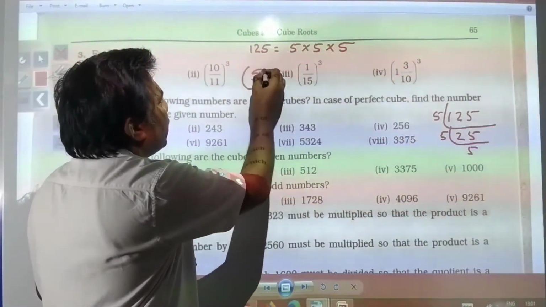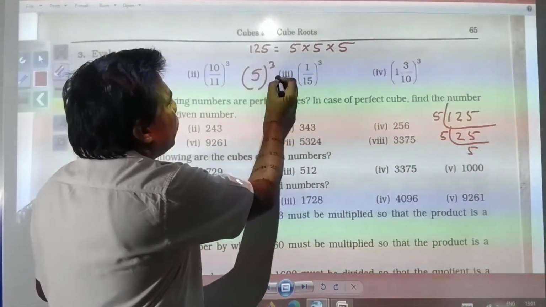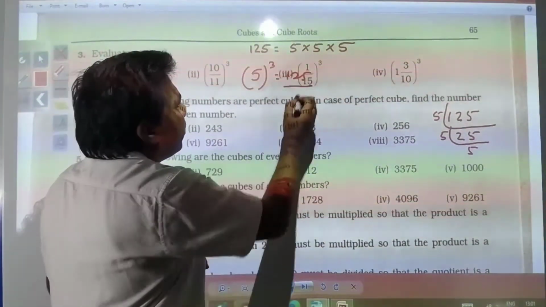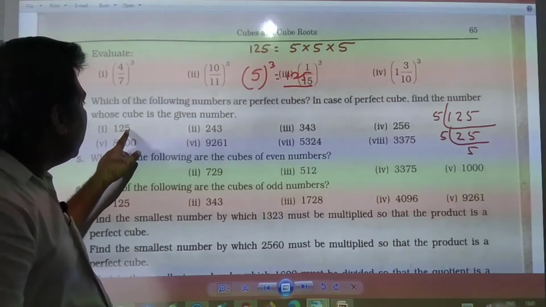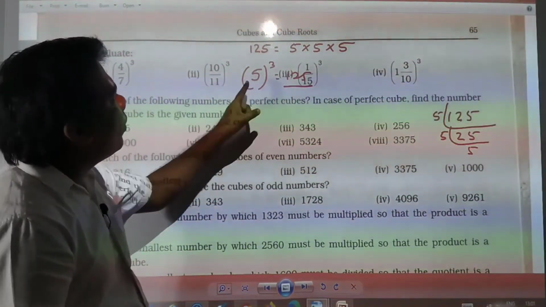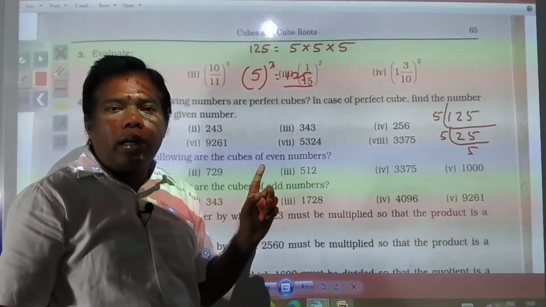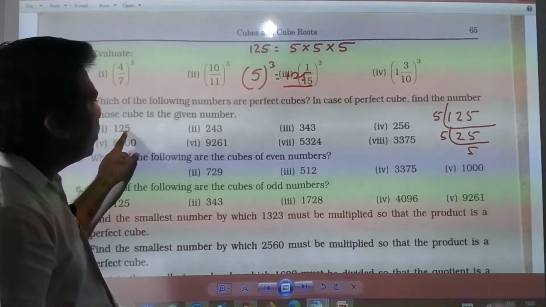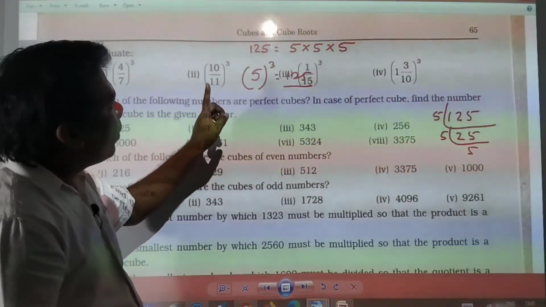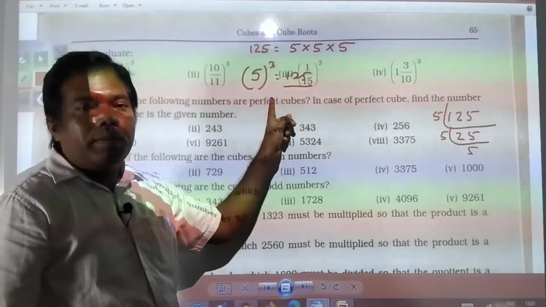Here you will write 5 cube is 125. So the given number is a perfect cube and this is the perfect cube of 5. Like that you will write the answer.